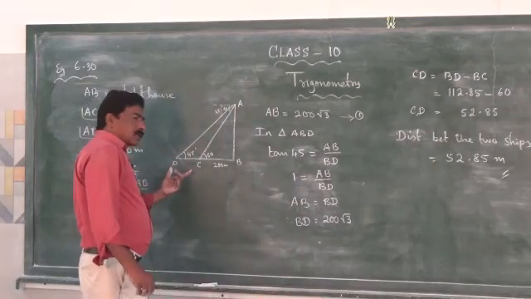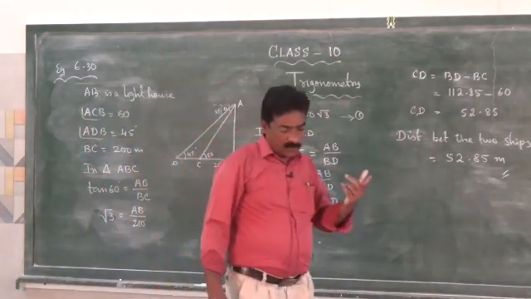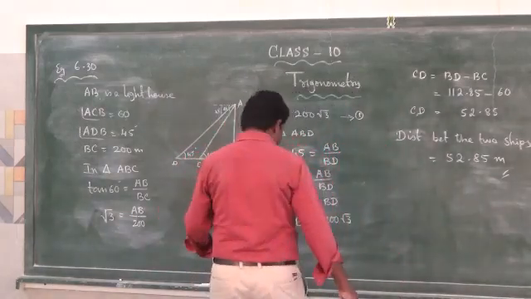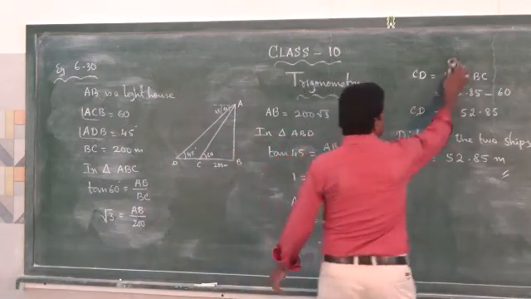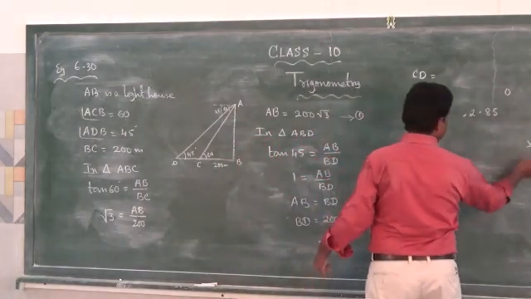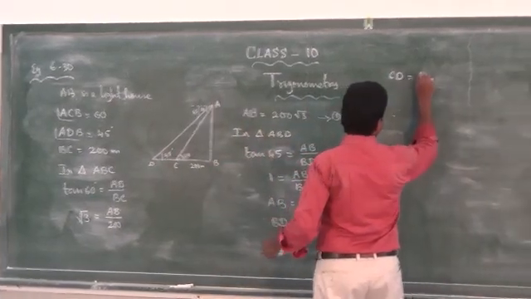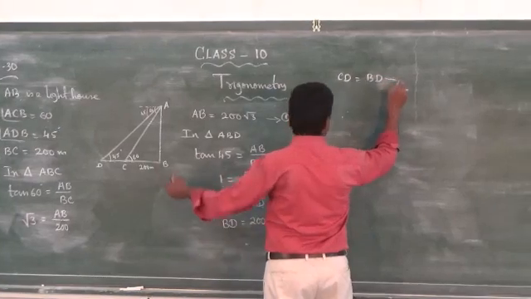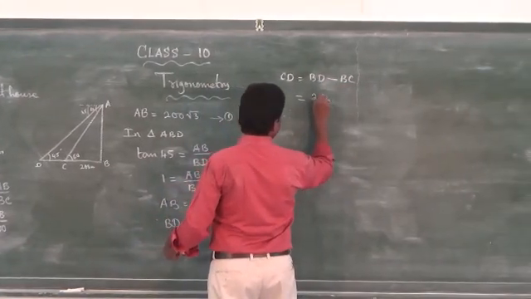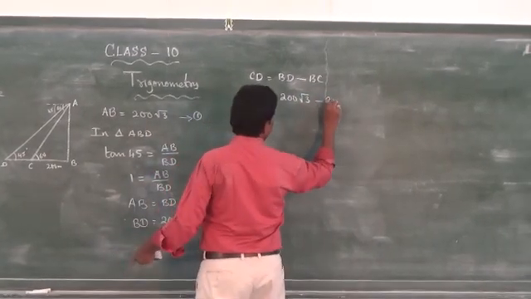Now what is CD? CD is the distance travelled in 10 seconds. So first you have to find CD. CD is equal to BD minus BC. BD we found is 200 root 3 and BC is given as 200.